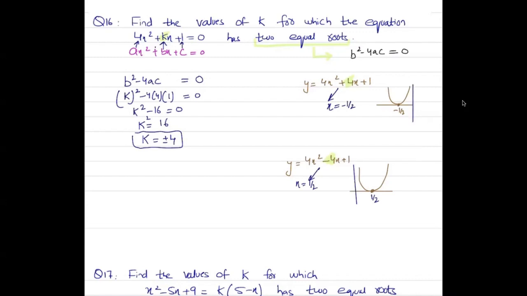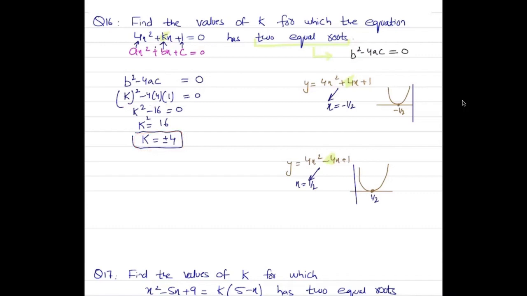Okay, I understand, sir. But the question was, we just have to find the value of k for which we are going to have two equal roots. So if you want two equal roots of a quadratic equation, the discriminant must be equal to 0. Plug in the values of a, b, and c and solve for k.